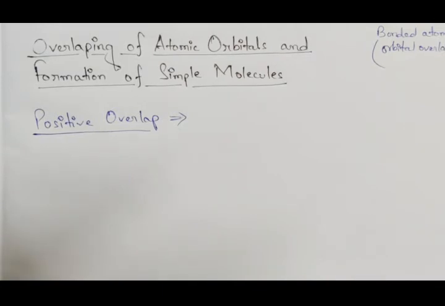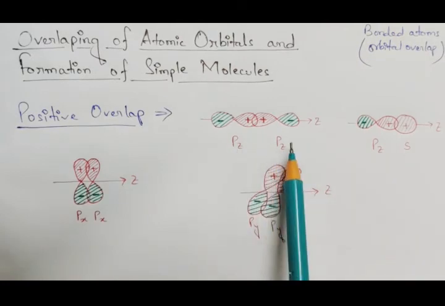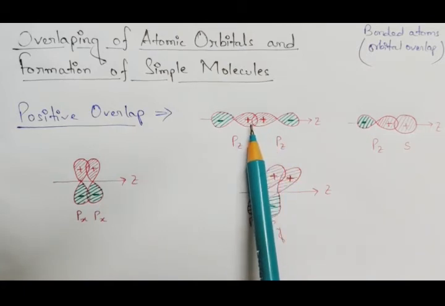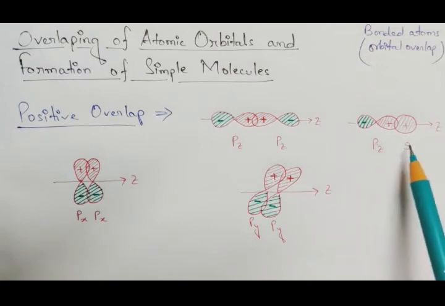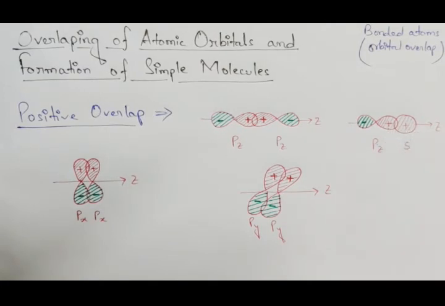Let me show you. Here you can see that a pz orbital is overlapping with another pz orbital, the lobes of the same sign are getting overlapped, and this type of overlapping is called positive overlap. In the case of sp overlap, one p orbital's positive lobe overlaps with the positive lobe of the s orbital, though the s orbital has only one type of lobe.